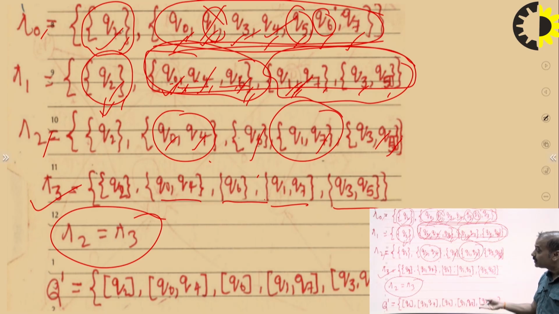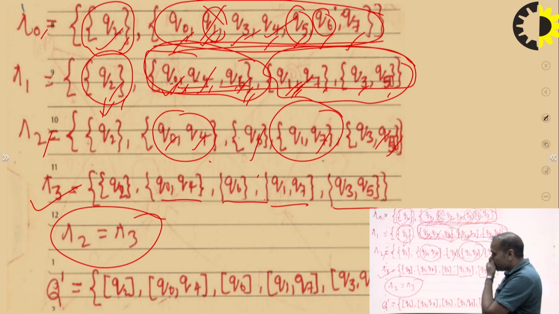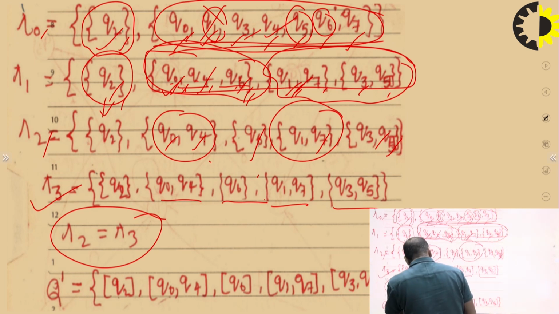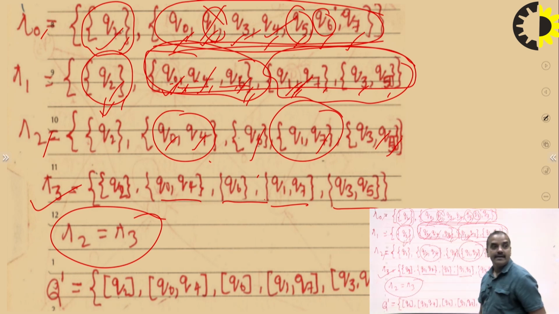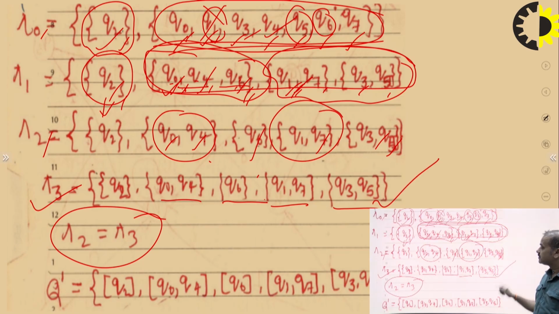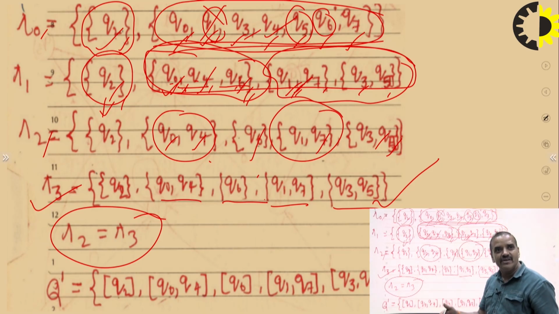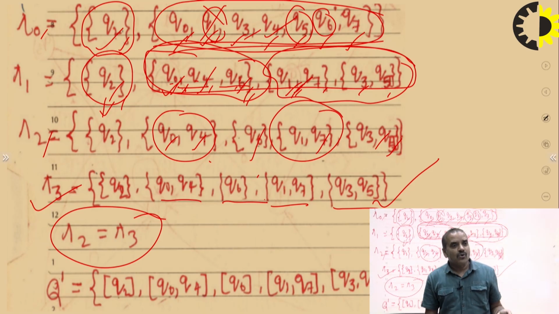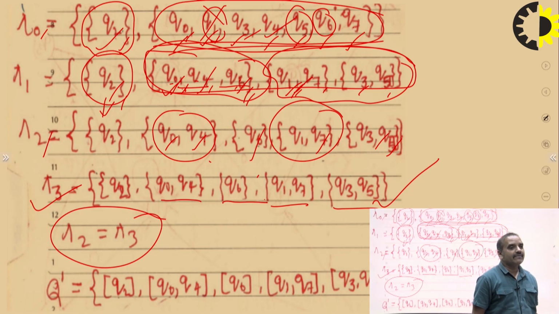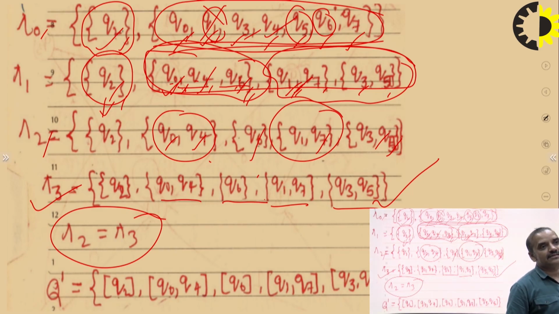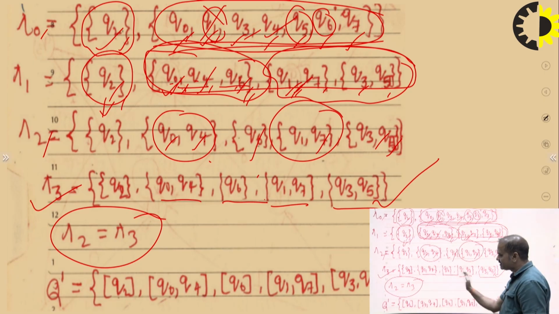Now we need to decorate it. How do we decorate? We use square brackets in place of curly braces. It is not compulsory to use square brackets, but we want to show it in a proper manner. We convert sequentially. There is no need to change the order of the states.